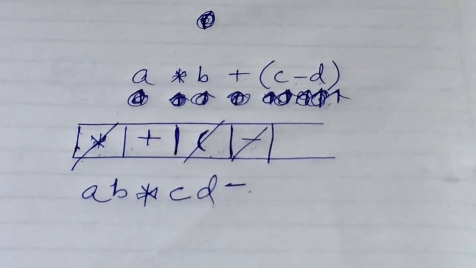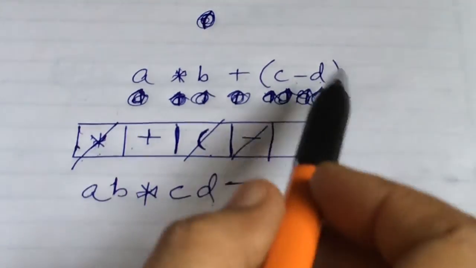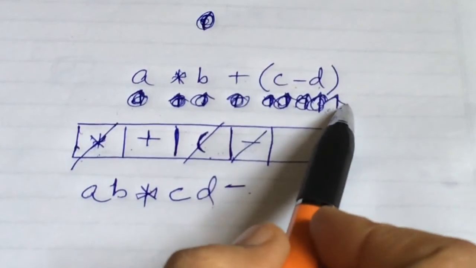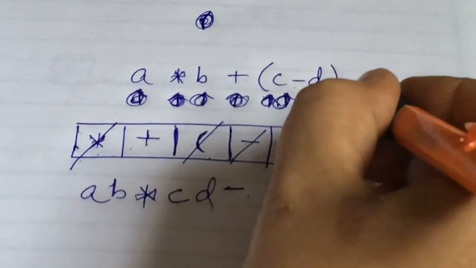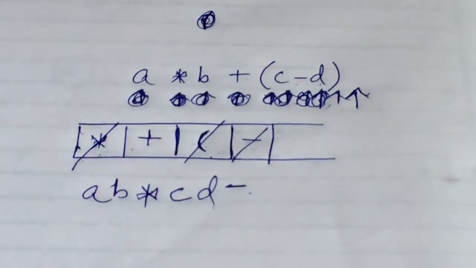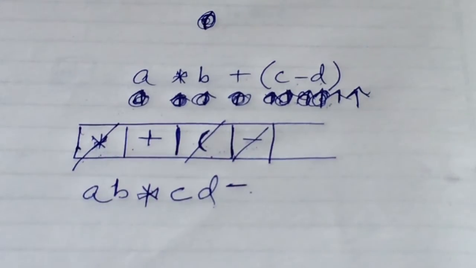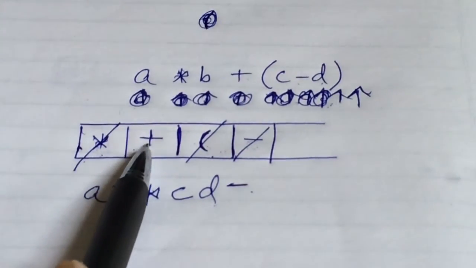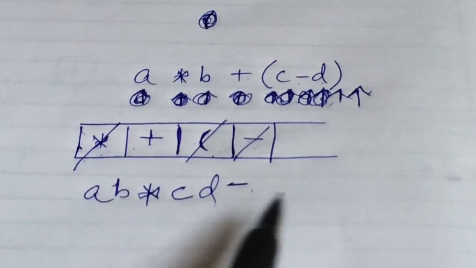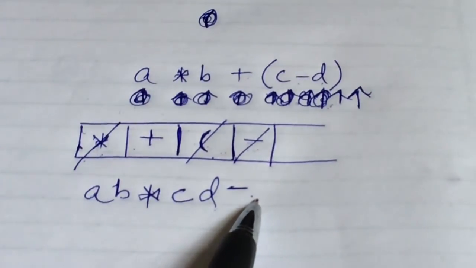Okay. And now since all the elements have been scanned, there is no more symbol at the input, the last step is to pop all the elements from the stack one by one and print them in the output.